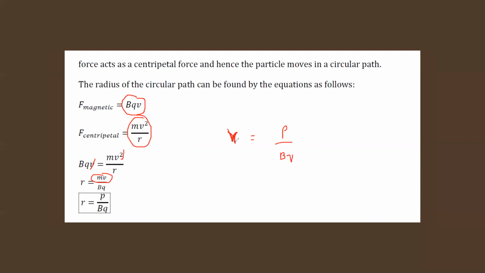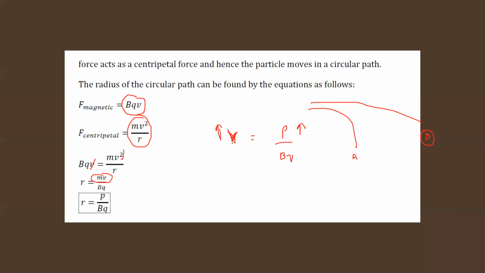So this formula can be used to understand the particle's momentum as well, using the curvature. You can see this is a small curvature. Another particle has a large curve, meaning greater radius. When we compare the momentum of A with the momentum of B, as B has a large radius, it will have a greater momentum. So using the curvature of the path, you can identify the momentum for particles moving in a magnetic field.